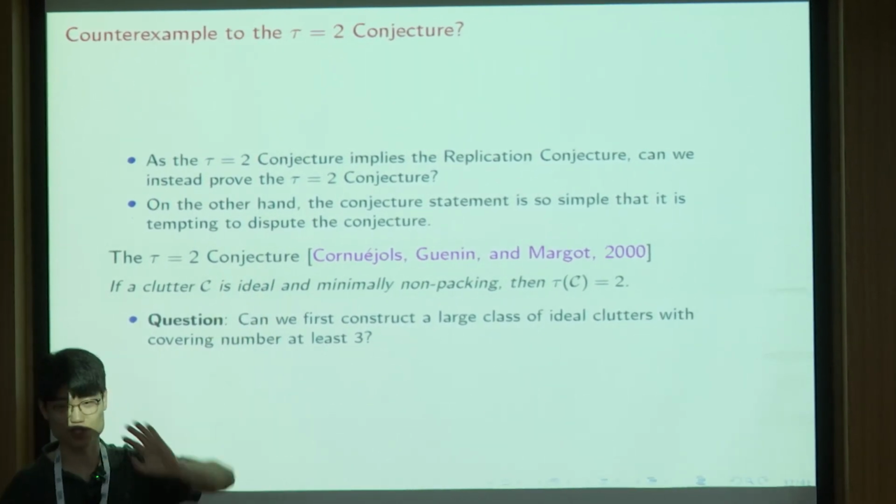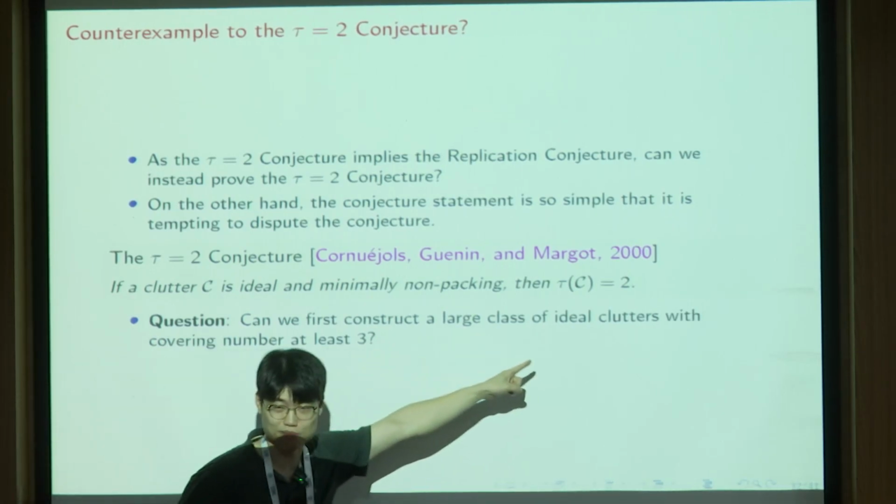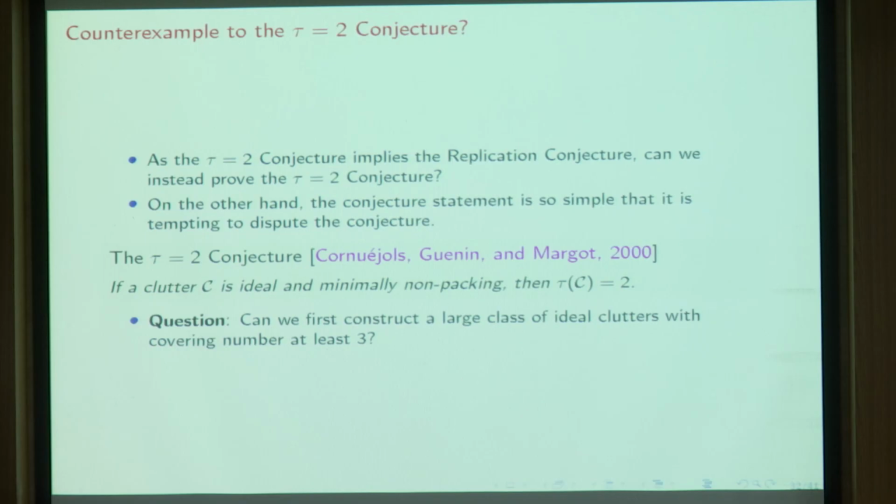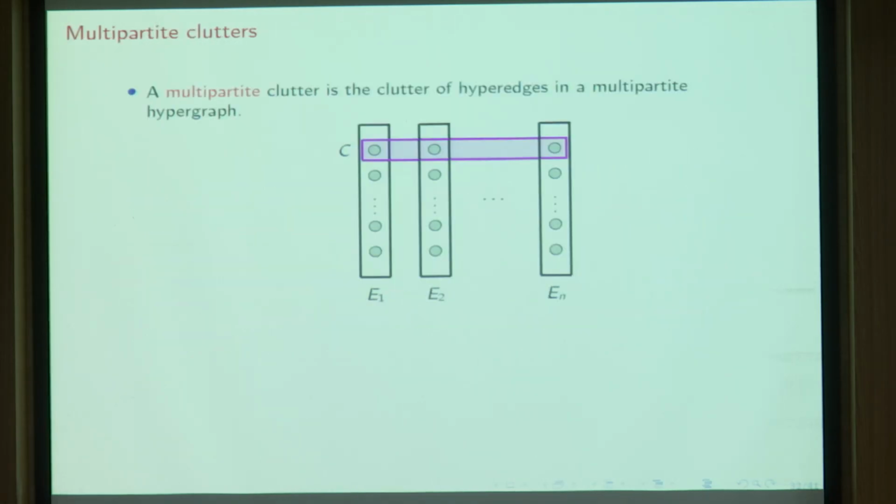Can we construct a clutter whose covering number is greater than 2? That's even possible. And that was our question. There's a nice class of clutters to make the covering number large. Now let's look at this example. I ask you to focus on this example because this is the key part for our results.